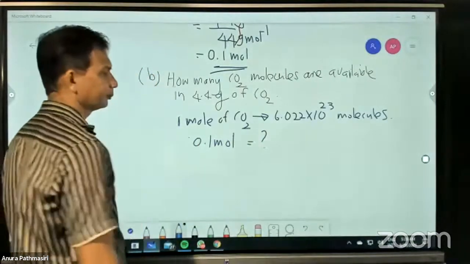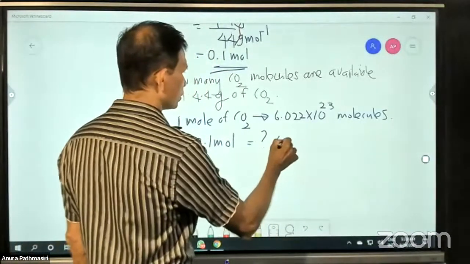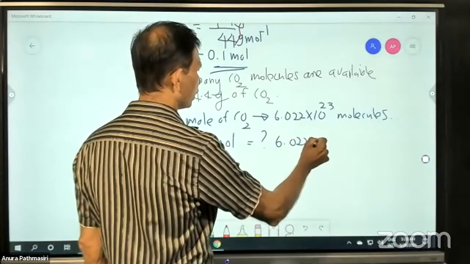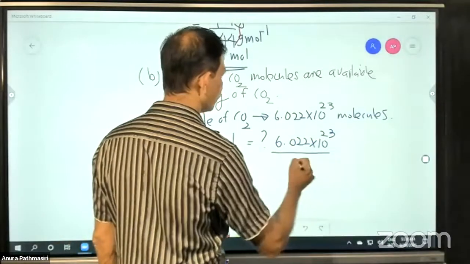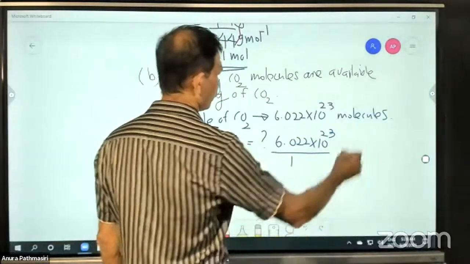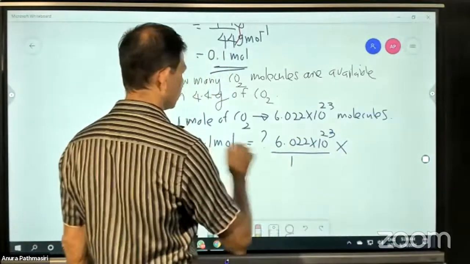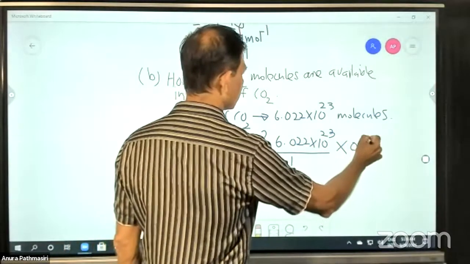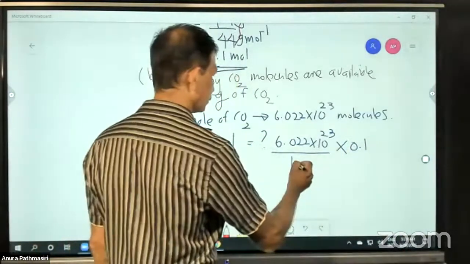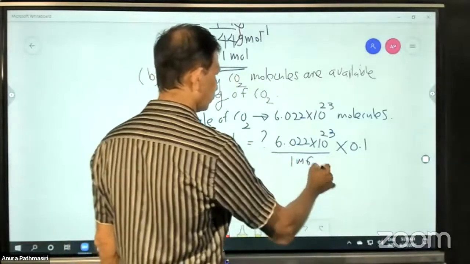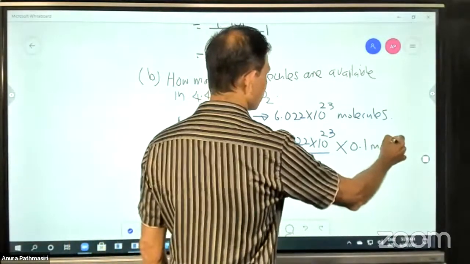What you need is to find out for 0.1 mole. This is 1 mole and this is 0.1 mole.